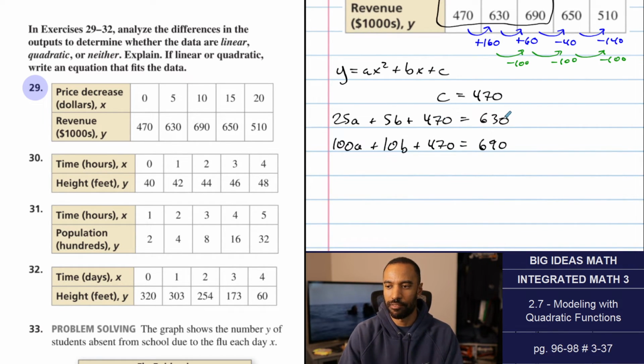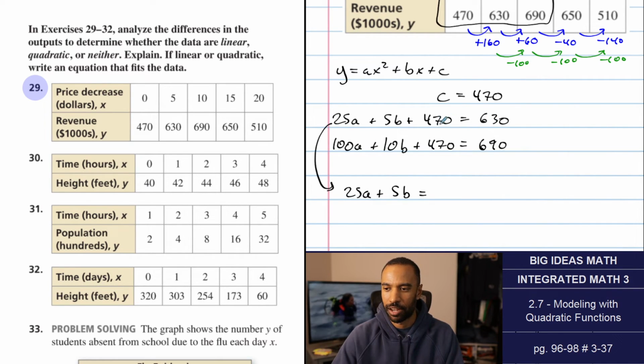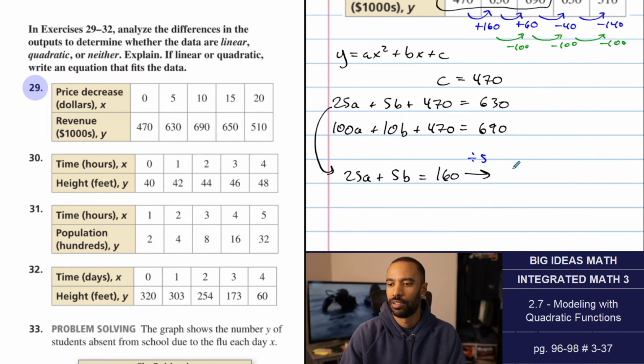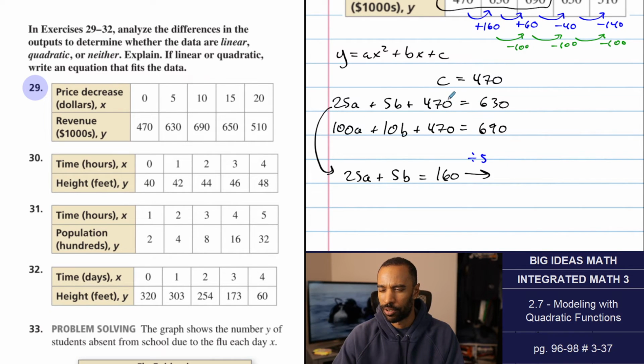Let's subtract 470 over on these. And you can tell I want to divide by 5 on this one, probably divide by 10 on the next one. Subtract 470 and you get, I think that's 160. So if I divide by 5, make sure that's 160 first. Yep.